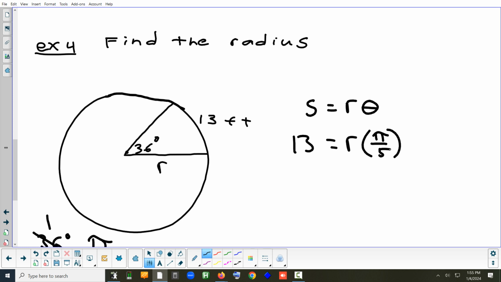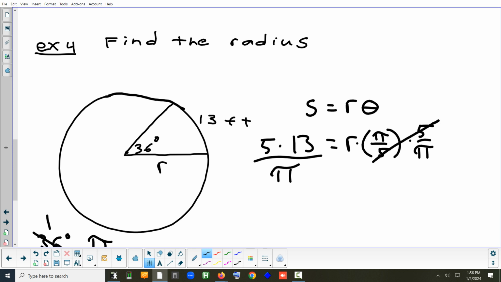So is the R by itself right now? No. Well, that's the goal. We need R by itself. So we want to get rid of the pi and the 5, and we can do both at the same time. Does anyone remember what you could multiply both sides by to get rid of pi and 5? 5 over pi. Remember what that's called? The reciprocal. Yep. So when you have two things you want to get rid of, and it's multiplied by a letter, you multiply by the reciprocal, which is 5 over pi.